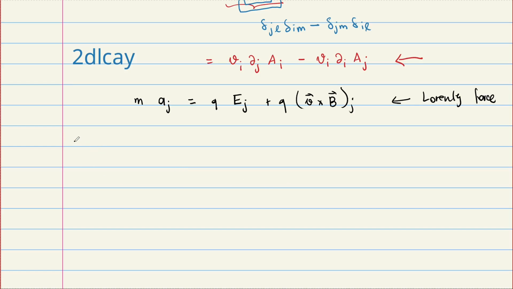The second step is to obtain the Hamiltonian. Why do we want to obtain the Hamiltonian? Because quantum mechanics is formulated in terms of the Hamiltonian.